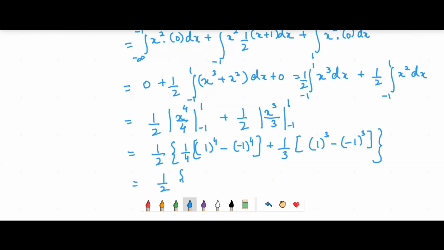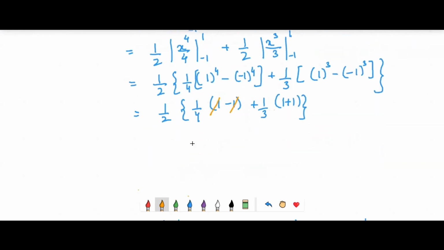After calculations, again this cancels out. And on solving, we'll be getting this as 2/3.